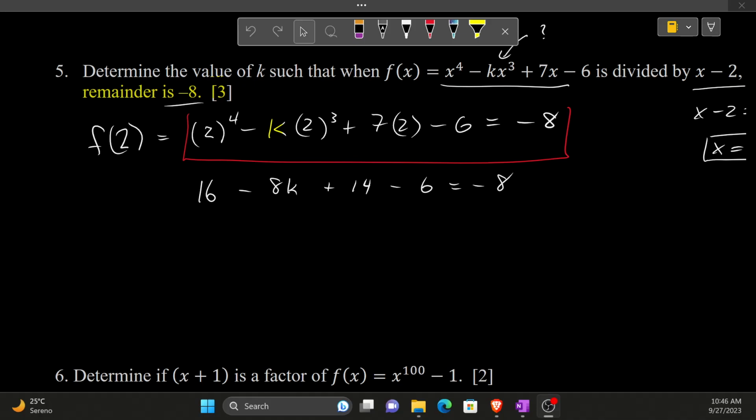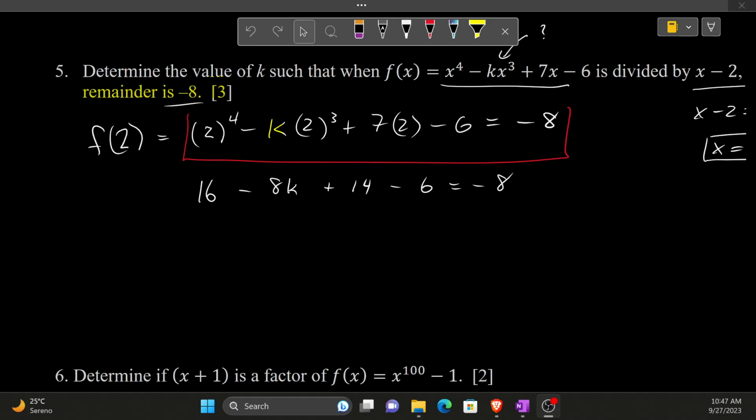where this polynomial 4x minus kx to the third plus 7x minus 6 was being divided by x minus 2. The idea is that we need to evaluate it at 2.